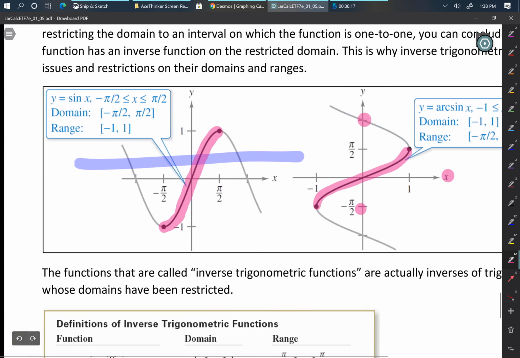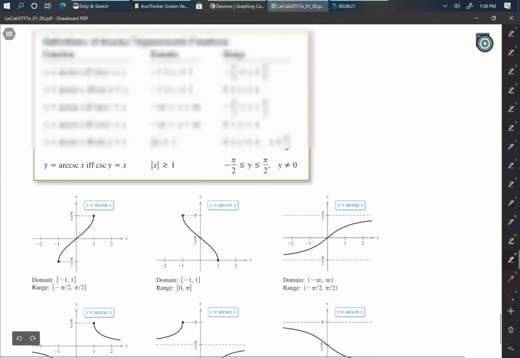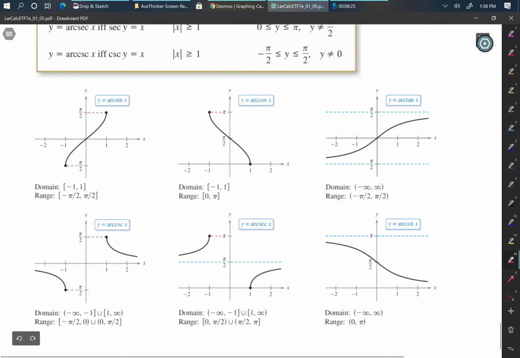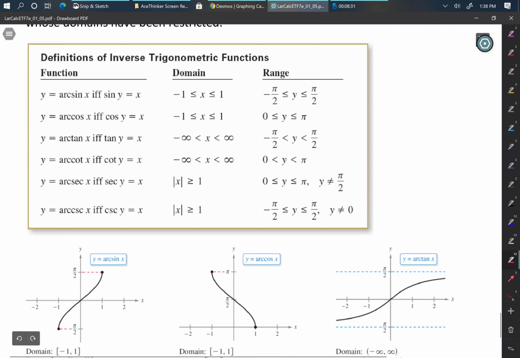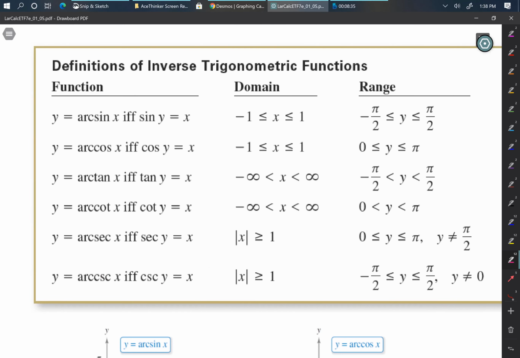Right? Now, the other trigonometric functions, all 6 of them, have this issue. These are all the graphs down here for the arc trig functions. I wouldn't stress too much about knowing them, but what I would be concerned about is knowing that they exist. There are issues whenever you use an arc trigonometric function in any calculation.